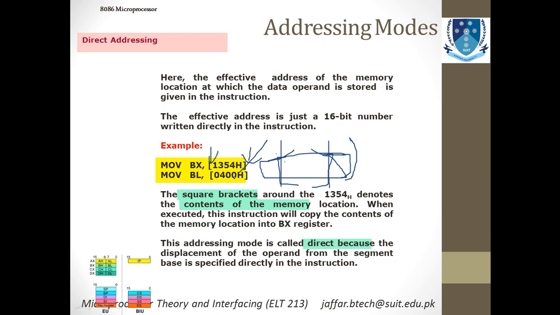You only want some bits or some byte in a register. You can take out some memory using these brackets and store that little byte or those bits into another register. This kind of addressing is known as direct addressing.